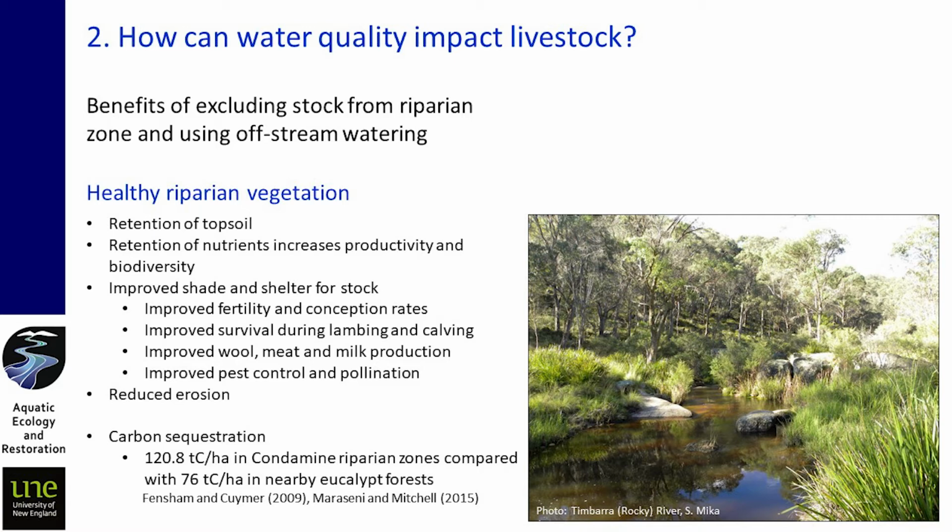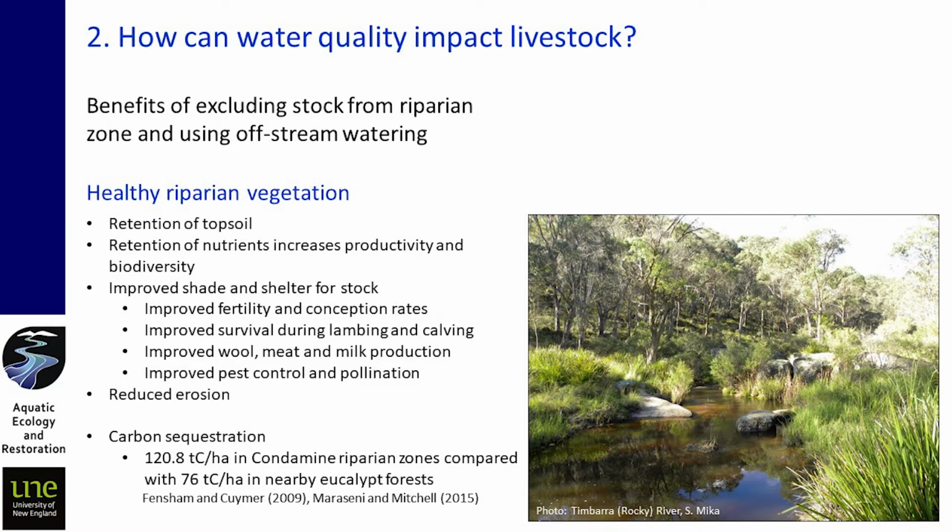Interestingly, recent work down in Victoria has shown that they're really useful carbon sinks. When farms are trying to look at carbon sequestration, this is a study that they referred to that was done in the Condamine, in southern Queensland, where they looked at poor, good and excellent riparian zones, and on average 120.8 tonnes of carbon per hectare were stored in those riparian zones.